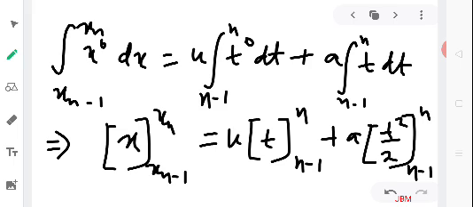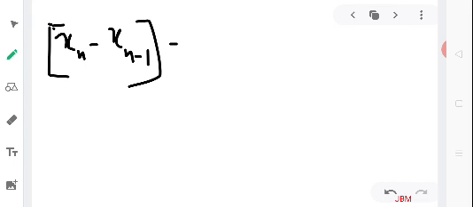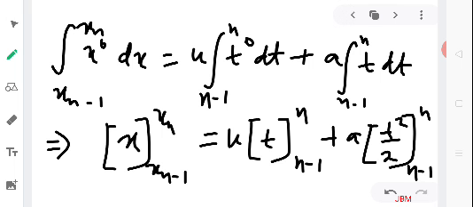Now we have to do a bit of calculation. On the left hand side you get x n minus x n minus 1. On the other side you have u. Now we have to substitute.